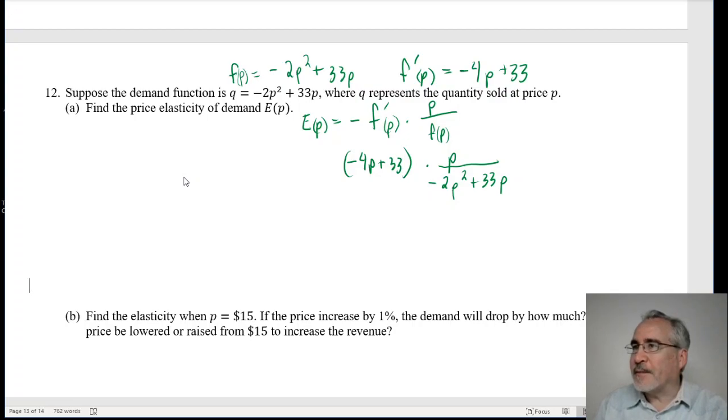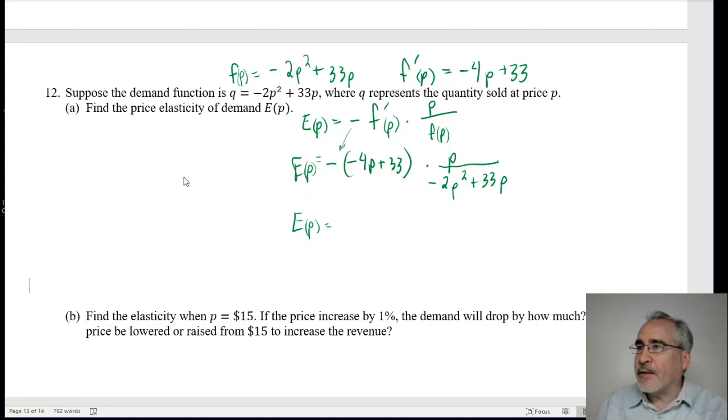But before I go on, some of you may have been screaming at me here. I forgot my negative, right? So don't forget that negative. It's a part of the formula. So minus, minus. So as I do this, I'm going to distribute this negative through, and I'm going to rewrite this. Again, E of P equals here. So I'm going to come down a step.